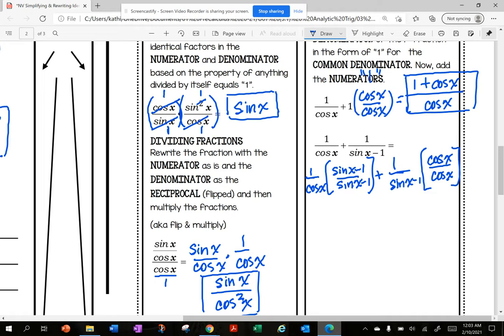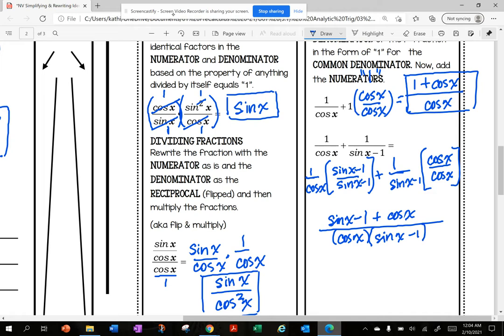So now I have a common denominator, so I'm multiplying 1 times each of these. So now I'm just adding across. So this is going to be sine of x minus 1 plus cosine of x, all over my common denominator of cosine of x times sine of x minus 1.